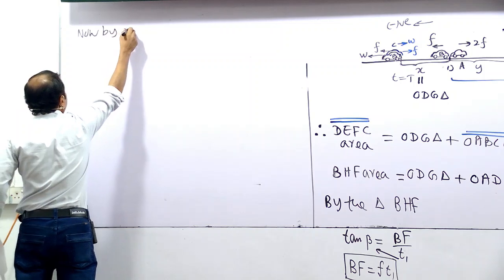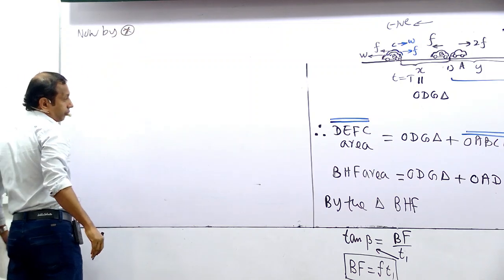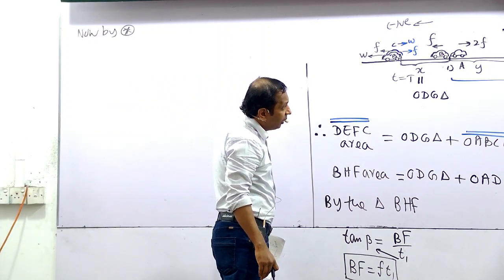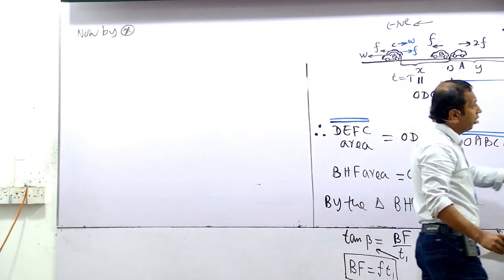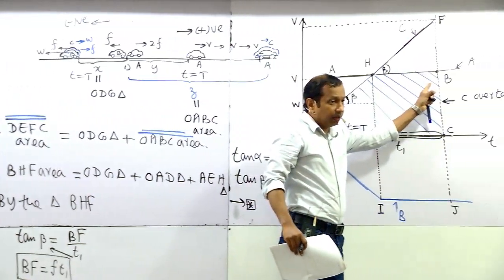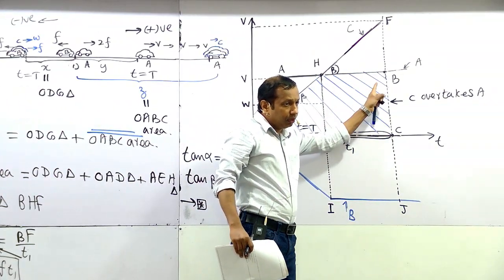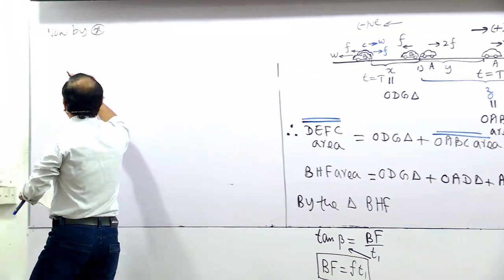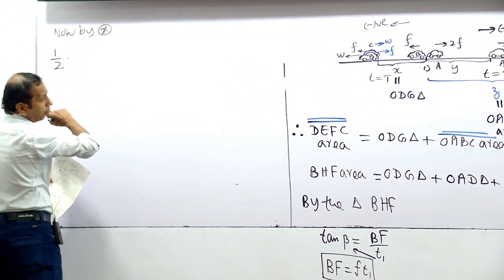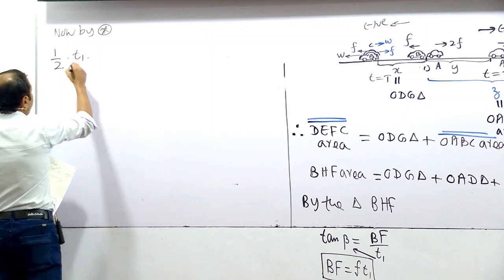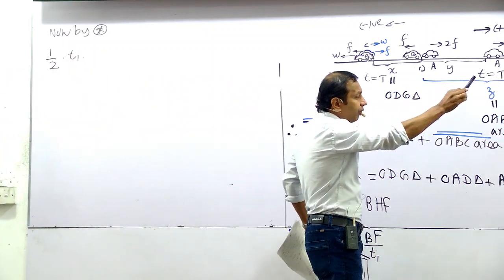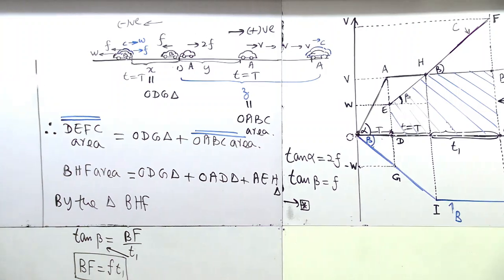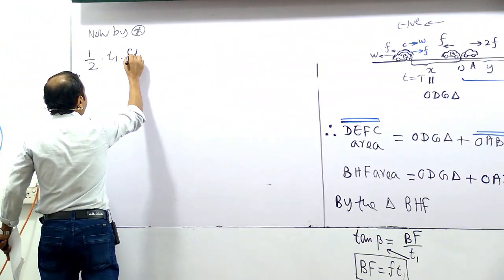Now by star, the BHF area, this area, how to find it, people? It's a triangle. What is that? Half base into perpendicular height. Right. Write down half. What is base? Base is T1. What is perpendicular height? Perpendicular height is BF. BF only, here we found FT1. That's fine.